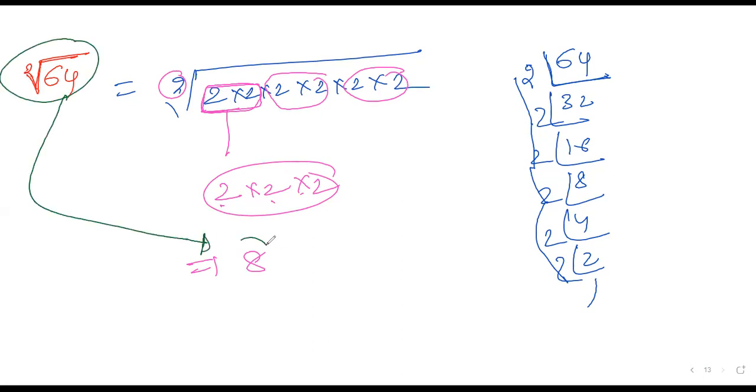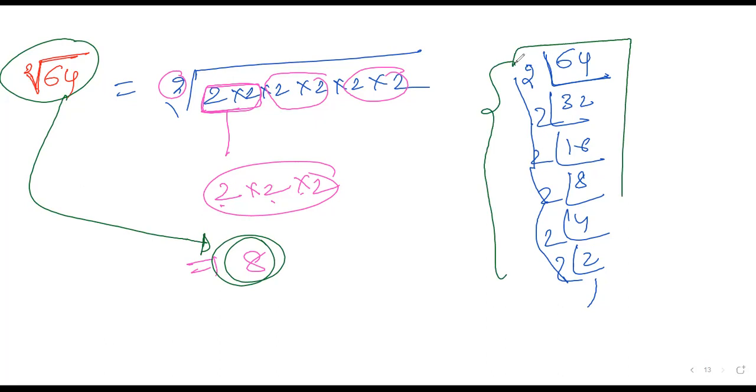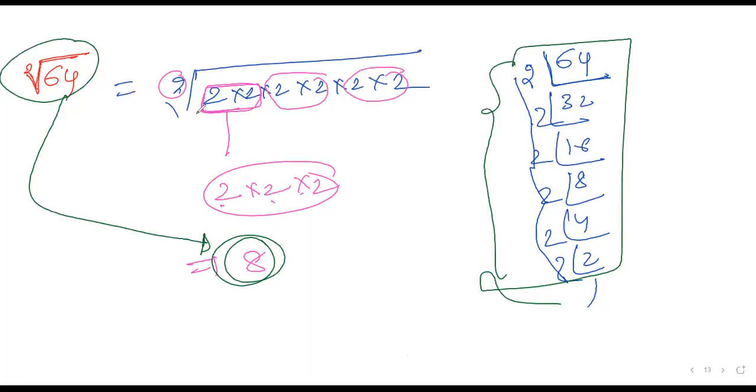The procedure is very simple. Whatever number I mention, you start the LCM like this. I think it's very clear. When you do this for 64, every number comes out perfectly.